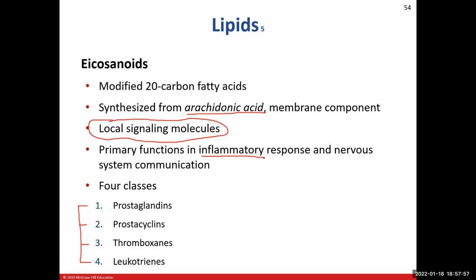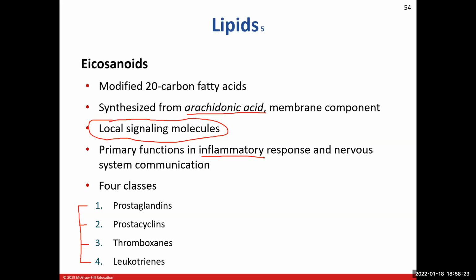These eicosanoids are going to be found at different parts of the inflammatory process. Certain drugs can block the formation of these eicosanoids and help to decrease inflammation and help decrease pain. But again, we're not here to really get into that.